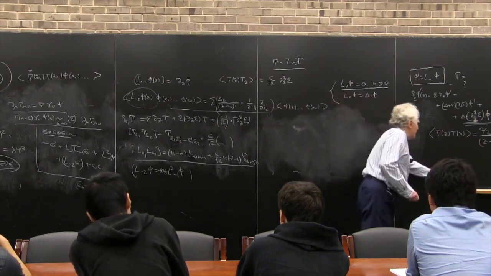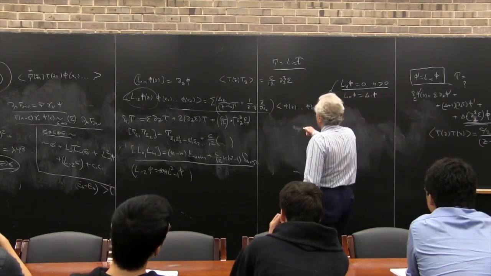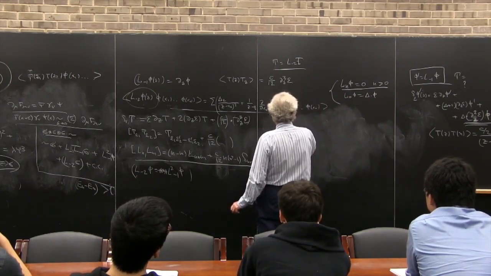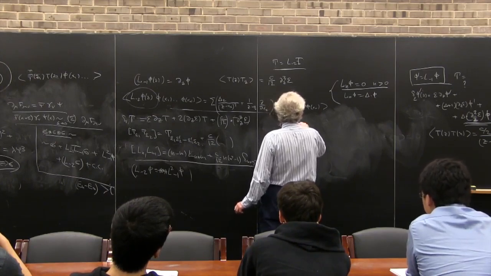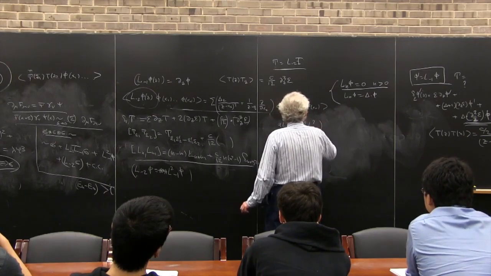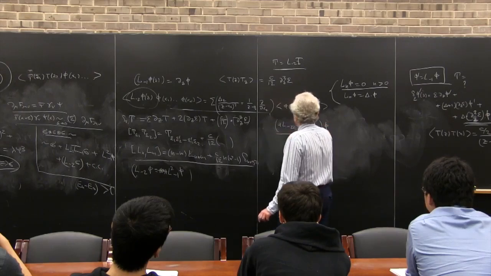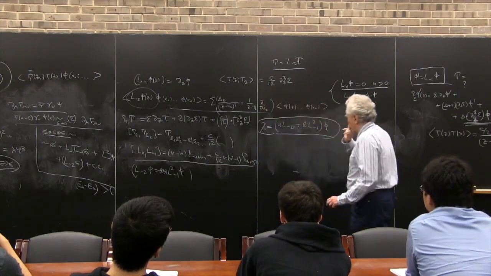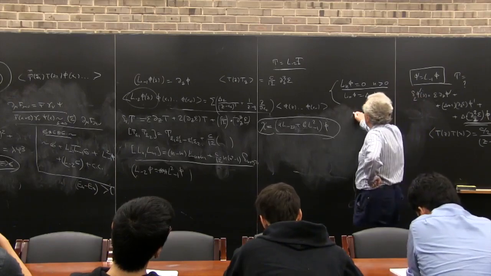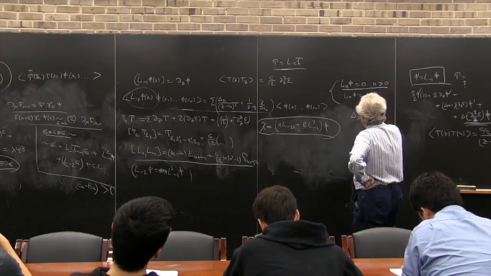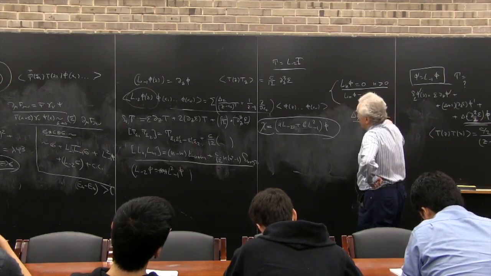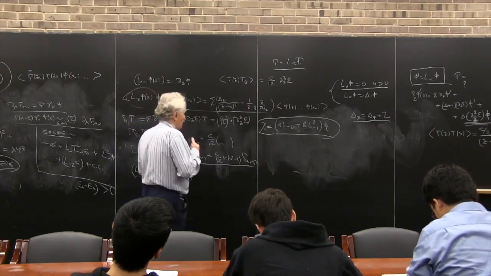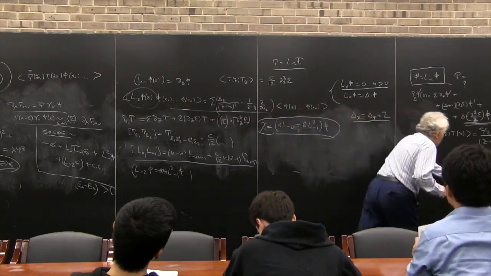So the first question which we ask is, let's suppose that we have an operator of the type, let's call it chi, so the dimension of chi is shifted by 2 from the dimension of phi.